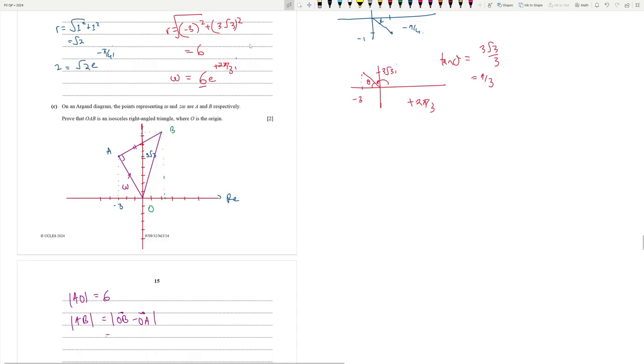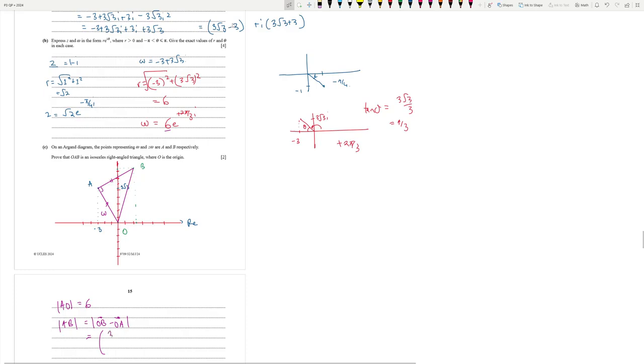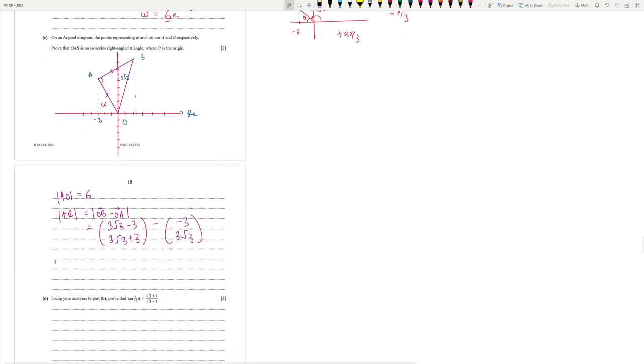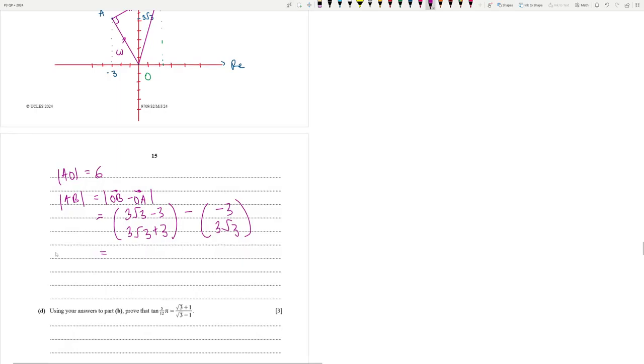So let's just use vectors. It's very straightforward. OB is 3 root 3 minus 3, and over here it's 3 root 3 plus 3. OB minus OA, minus OA, which is minus 3 and 3 root 3 over here. So it's just 3 root 3 over here, and it's just 3 over here.